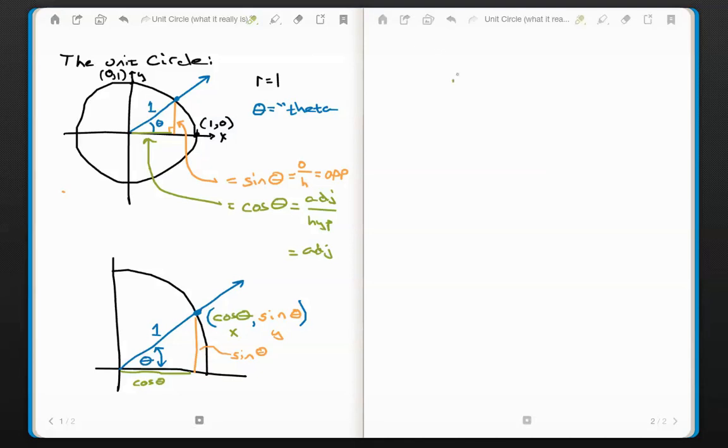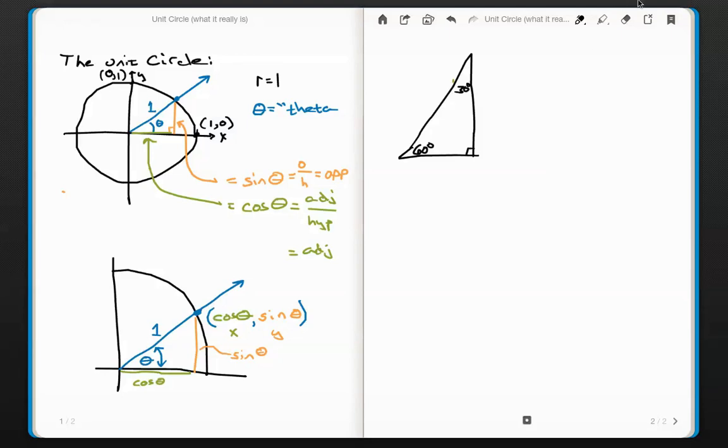Now let's do a quick review and look at some old school stuff. We recall that we have two special triangles. The one special triangle that we learned about at some point in your mathematical career was this 30, 60, 90 triangle, where this is 30 degrees and this is 60 degrees.